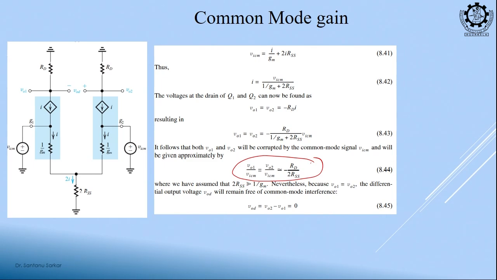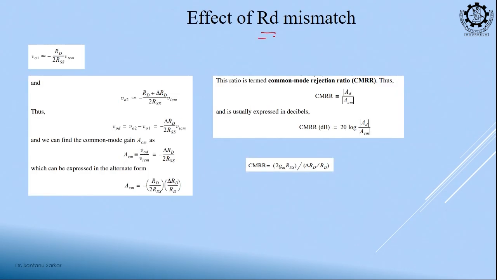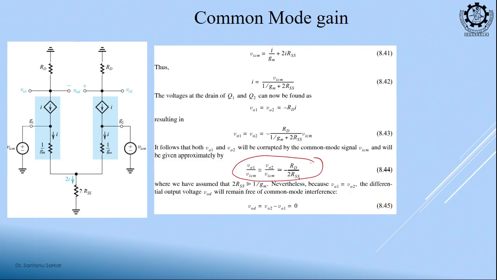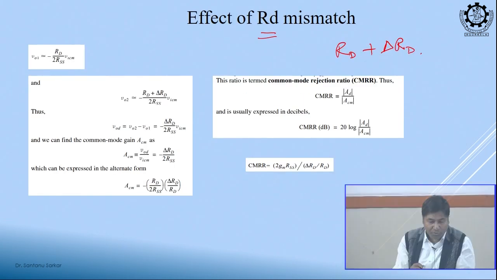Now, if we consider that one branch is RD and the other branch is RD plus delta RD, then in this equation the common mode signal is RD by twice RSS, and it will vary by delta RD, and we know in differential it is GM RD.